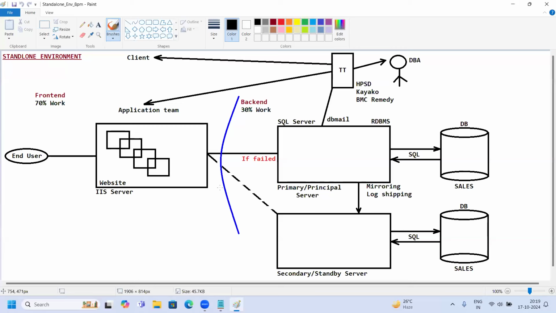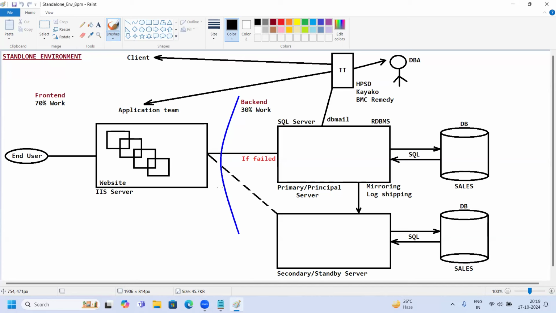I said there is one application developed which is related to a website, and we took the example of a shopping portal. The end user will access that website, and whatever shopping he does through that portal, everything has to be recorded in a database.